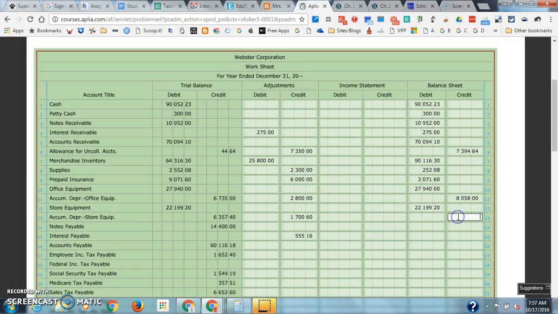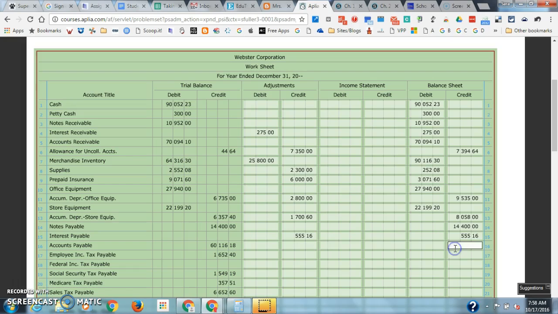These are a credit, so we'll add them. $8,058. I have the wrong one up here. Go back to our office equipment. That should be $9,535. And then notes payable will be a credit, $14,400. Interest payable, $555.16.